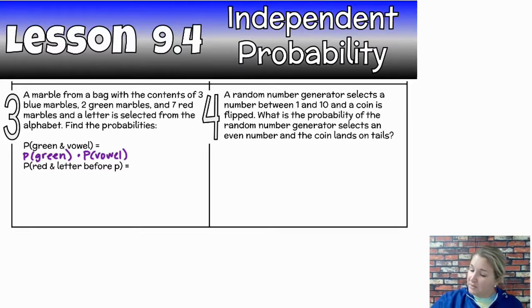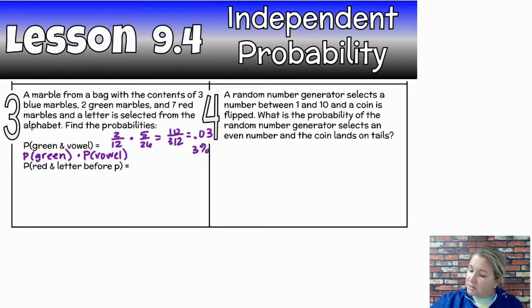There are 2 green out of 12 total marbles, times 5 vowels, we didn't count Y, so 5 out of 26. When you multiply, you get 10 out of 312. Dividing that, you get 0.03 or 3%. So a very small chance of getting green and a vowel.